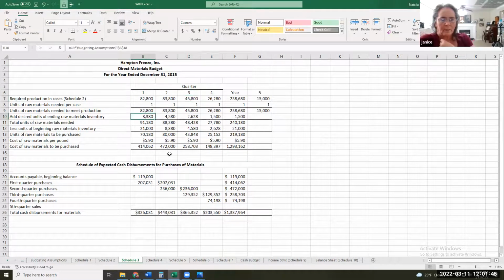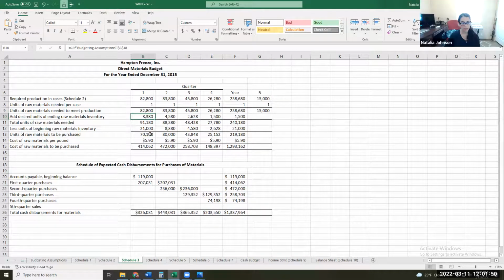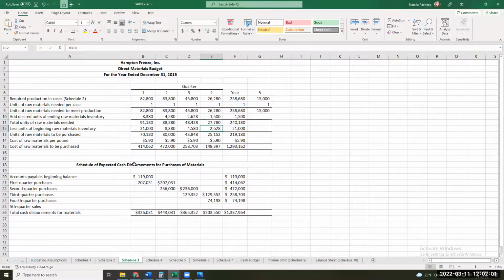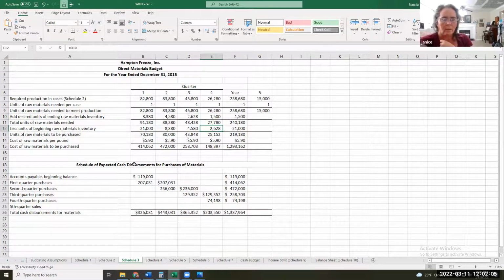Ending materials is what goes over to the year, and the ending, like this one, is the same as the beginning of the one before. So this one is the same as this one. It makes sense. Beginning raw materials inventory, oh, you have 2,100 at the first and the end.